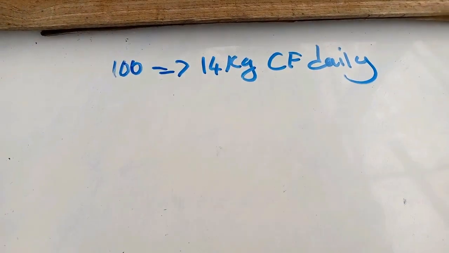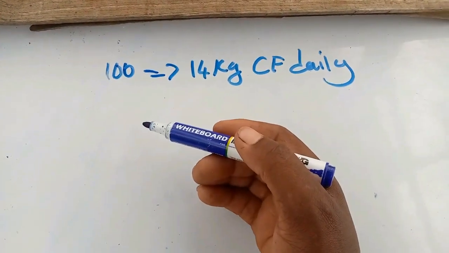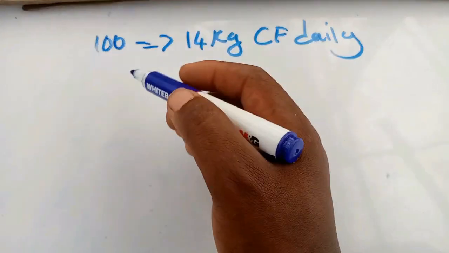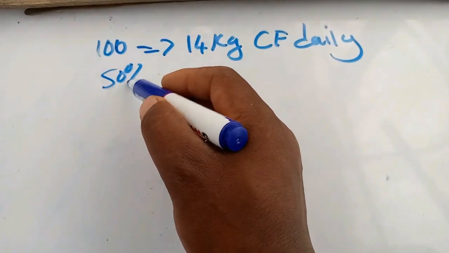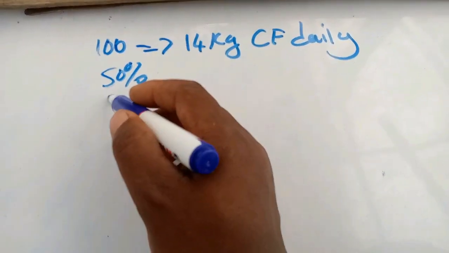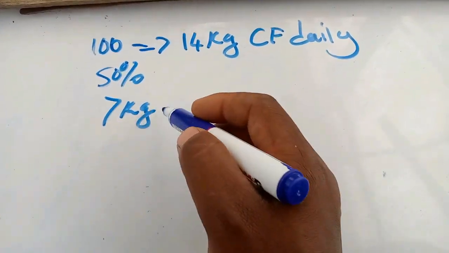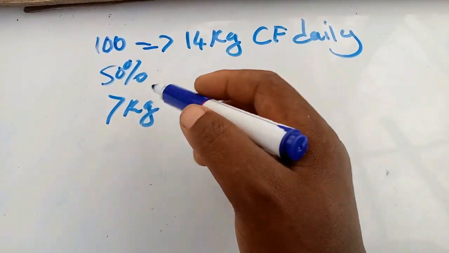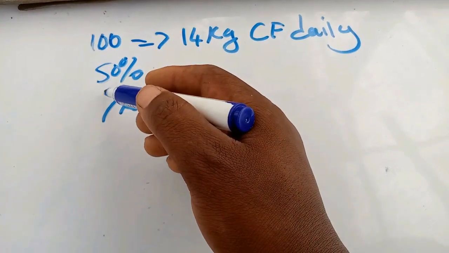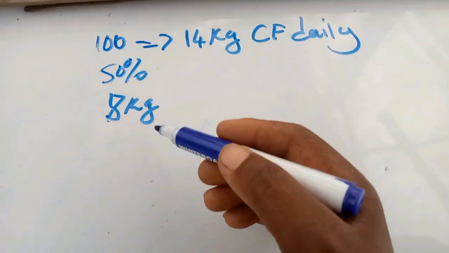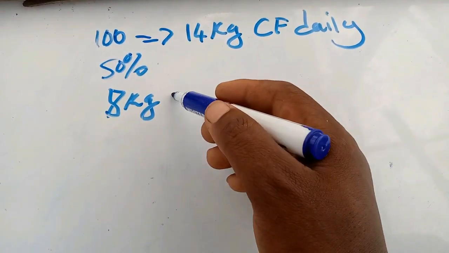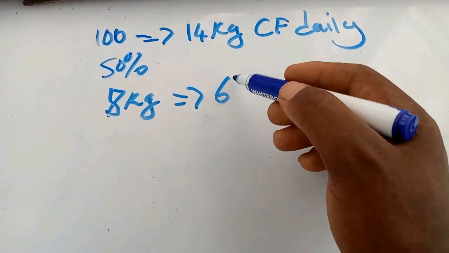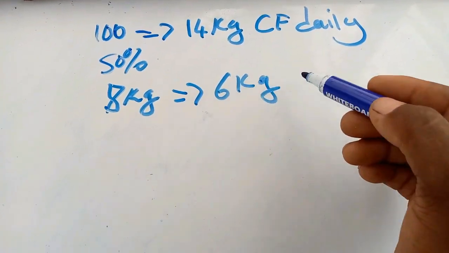Now, when using hydroponic fodder at 50%, that means 7 kg hydroponic fodder, or let us take it as 8 kg hydroponic fodder and 6 kg commercial feeds.